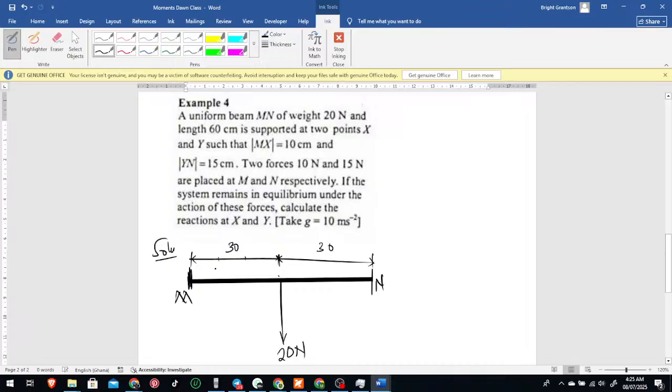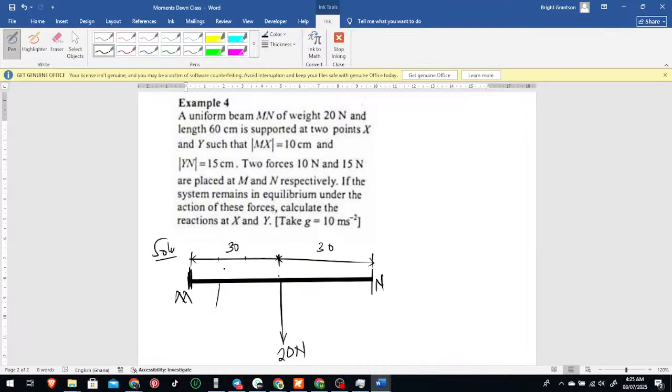So this is one of the supports, X. And another one, YN, 15. So from Y to N should be 15.